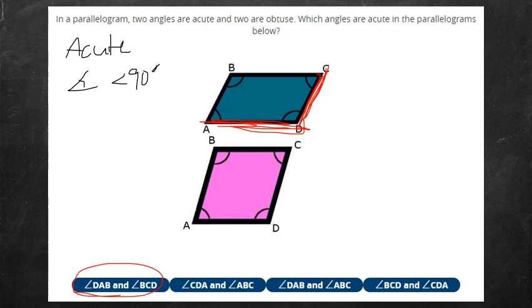They measure less than 90 degrees. Obtuse angles are wide angles. So we don't want to choose any angle that's a wide angle. This angle is just like this. That's a wide angle. It looks like it's more than 90 degrees. So I would not choose that one because that's not correct.